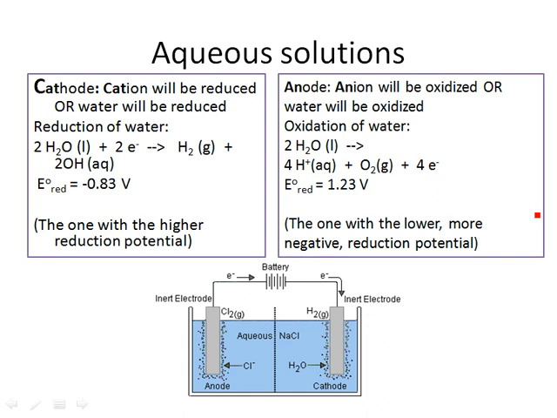The voltage for that one is 1.23, so we would flip that. Right here, you're going to make a choice with which one is lower for your anode. So cathode, cation or water, which is higher. Anode, anion or water, which is lower.